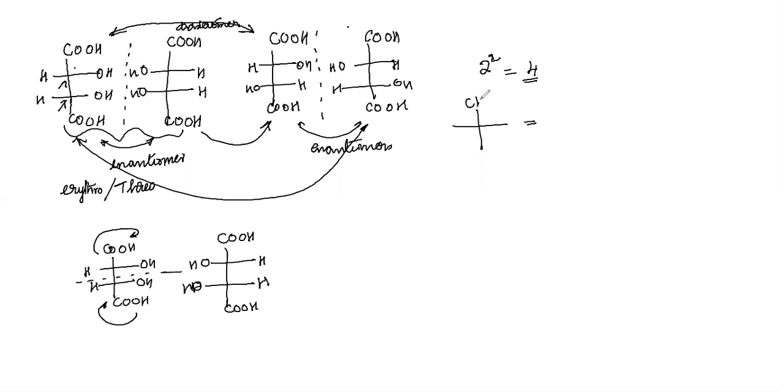For example, I write COOH here, OH, H, CH2OH. Now, when we draw this, we should remember that these two bonds are projecting towards you. This is the actual structure.